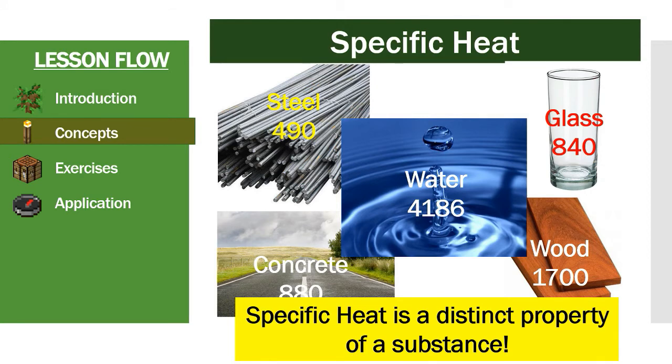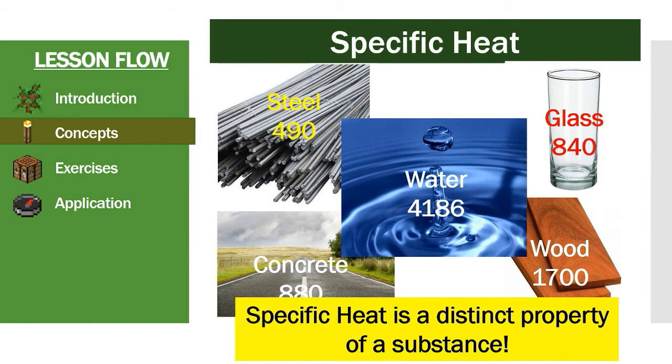Conversely, if I want it to take some time for the heat to transfer, I know that water has one of the highest specific heats, so water would be ideal for resisting heat.